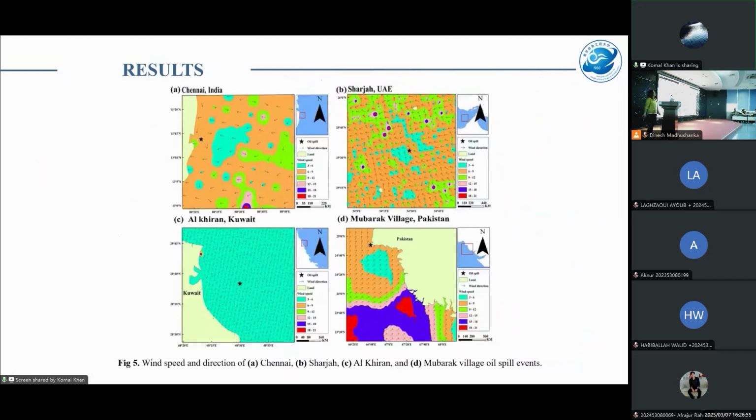These are showing the wind condition at the time of the oil spill. This data was derived from the same SAR imagery, but it has some issue. Can some of you identify what problem this data was having? Can someone tell me what's wrong with this data?